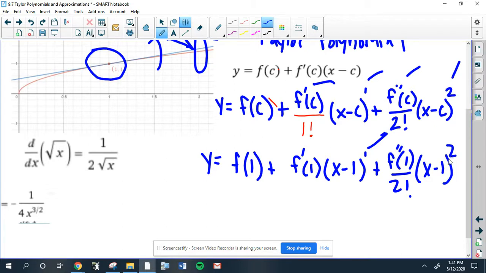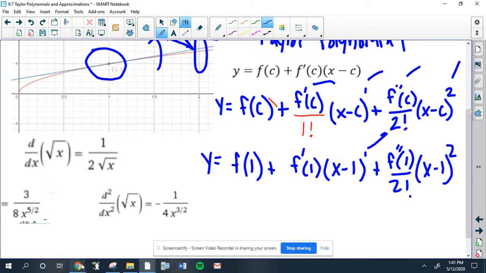And so all you have to do is f of 1 is still what we got. F prime of 1 is still whatever we got there. F double prime of 1, here's the derivative. You plug in 1, it would be negative 1/4. And then x minus 1 squared.